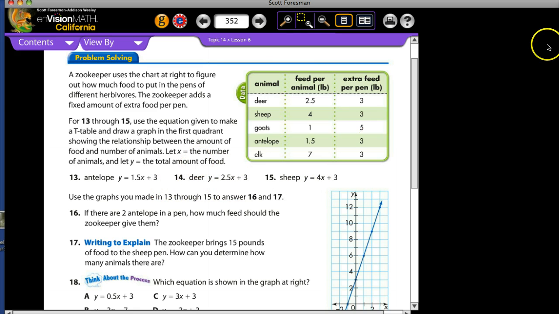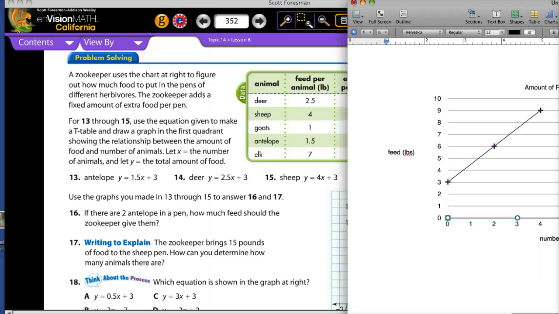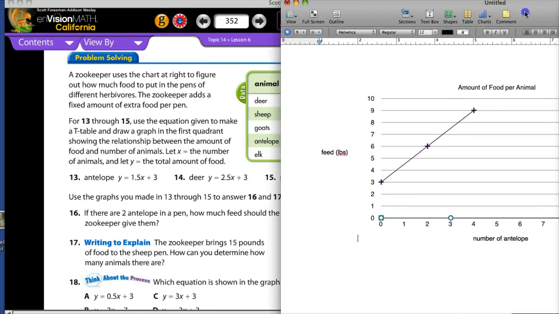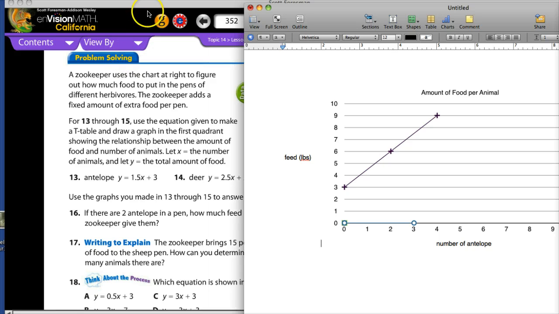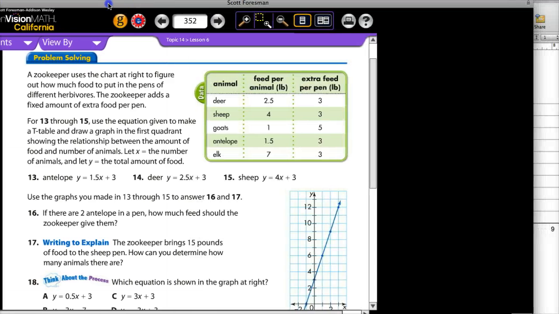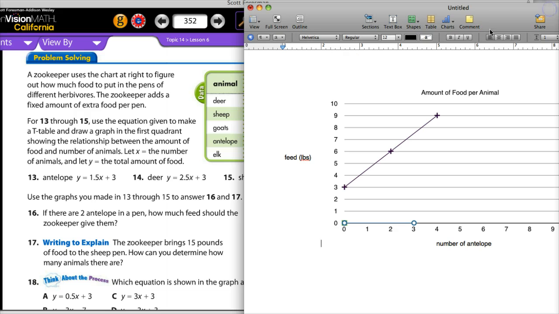And it's important for you to understand and to see, and I'll show an example, that in 13, 14, 15, it asks you to set up your coordinate plane very specifically, okay? It says use the equation given, okay?